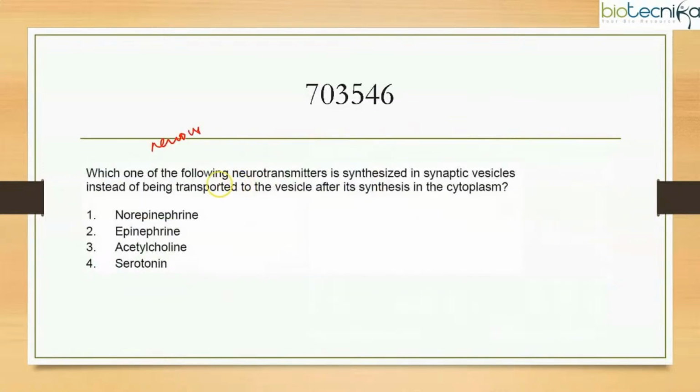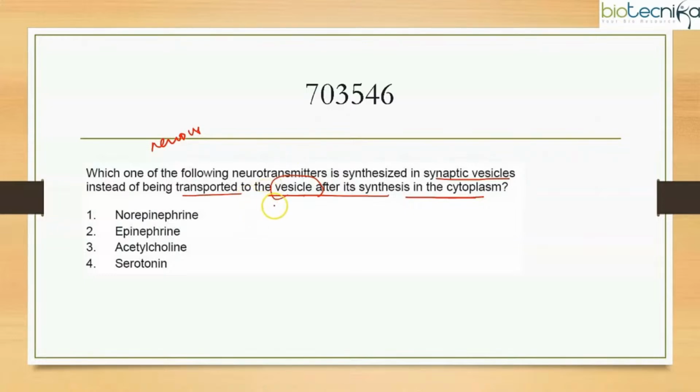Here the question is, which one of the following neurotransmitters is synthesized in synaptic vesicles instead of being transported to the vesicle after its synthesis in the cytoplasm? Usually neurotransmitters are synthesized in the cytoplasm and then transported to the vesicle, so that is the usual way.